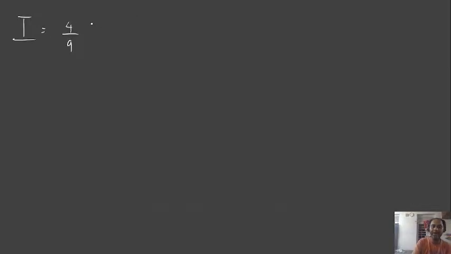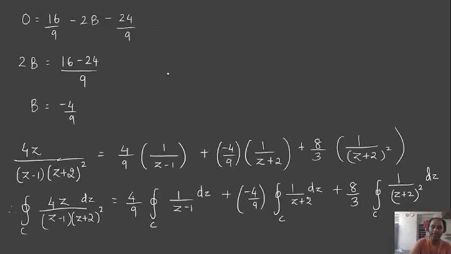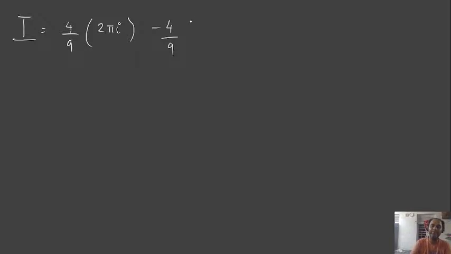And the numerator is f of z, which is 1, so you have 2 pi i coming into the picture. The next one is minus 4 by 9, and here you have 2 pi i again coming into the picture, so here you will have 2 pi i.